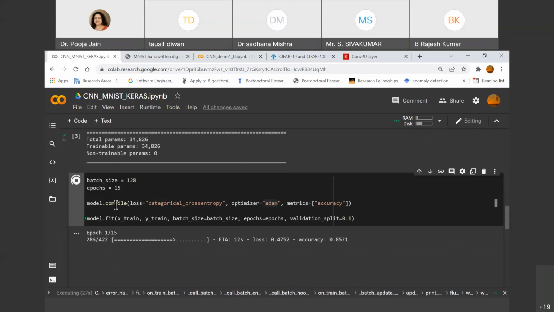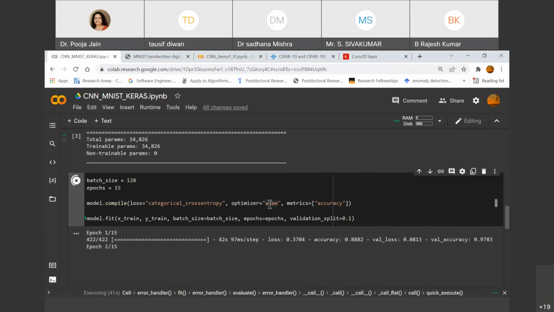In model.compile, we need to define these three things. Which loss will we be using? So categorical cross entropy loss that we will be using. Which optimizer are we going to apply? So Adam optimizer, which is a combination of momentum and RMSprop, and on which metric our model will be evaluated. So accuracy is the most preferable metric, and here also we are using accuracy.